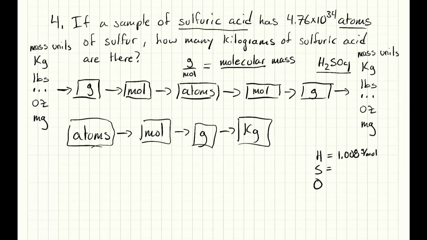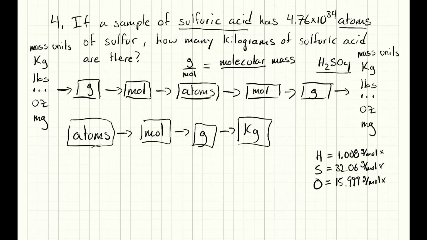Sulfur is 32.06 grams per mole. And oxygen, 15.999 grams per mole. And then we just take each of those masses and we're going to multiply it by the number of those elements in our molecule.